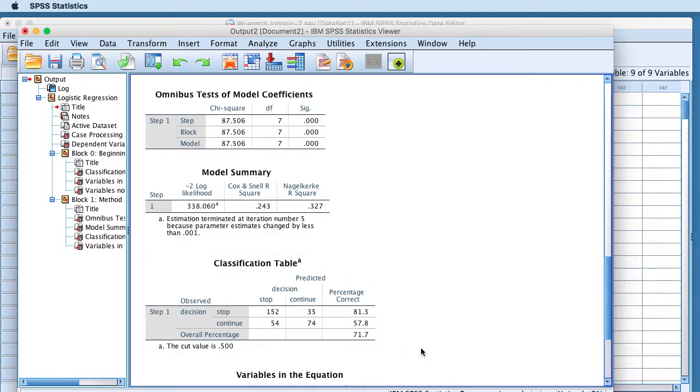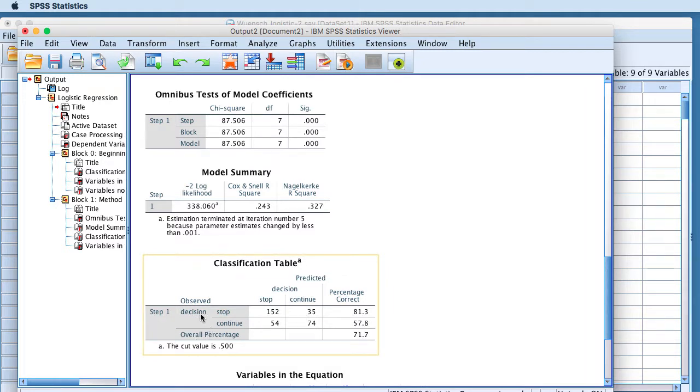So you can see when we interpret this table, the observed decision to stop, there were 152, and the predicted decision to stop was 152. And so to continue, they said to stop, but it was predicted that they would continue. So these are erroneous predictions.